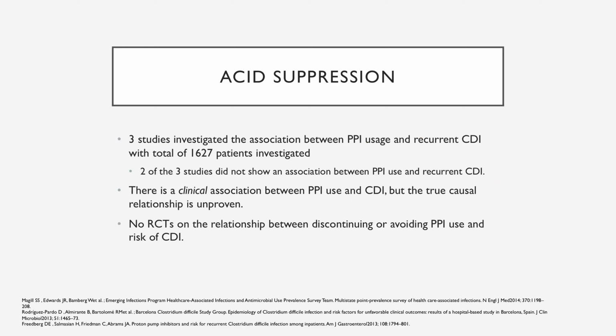In regards to recurrent CDI, the big studies, maybe not cardiology numbers, included 1,600 patients. The last study was over 300,000 patients. Still can't find a statistical significance showing that PPIs cause CDI or make it worse. And there have been no randomized controlled trials showing that PPIs cause CDI or make it worse either.